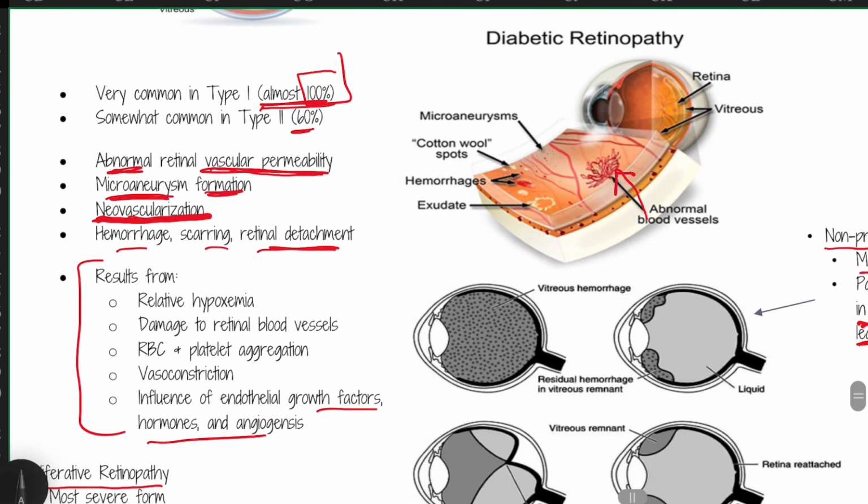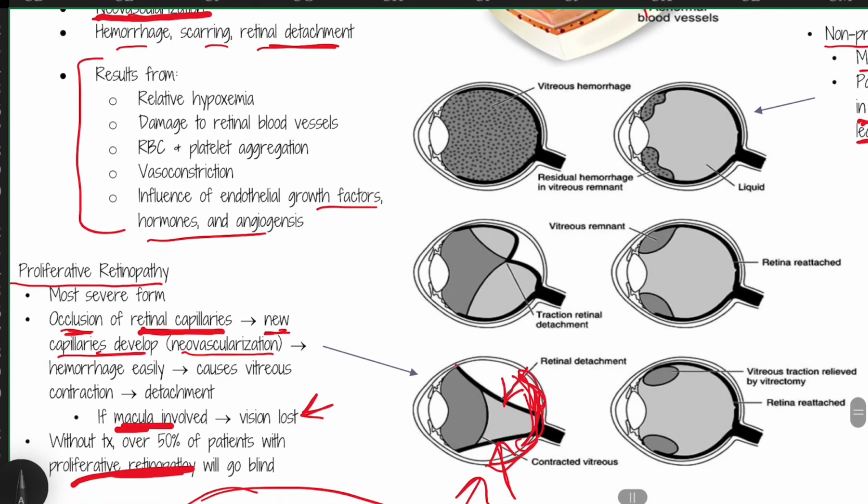I do think it's important to go over the difference between the proliferative and non-proliferative. With proliferative, we're talking about full occlusion with neovascularization or collateral circulation that hemorrhages really easily and causes detachment.